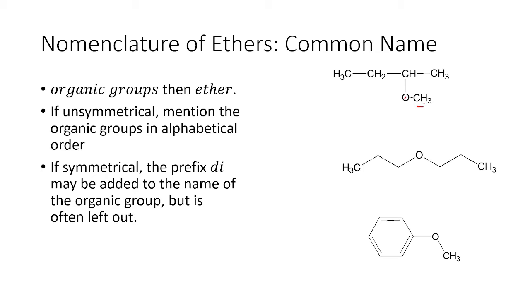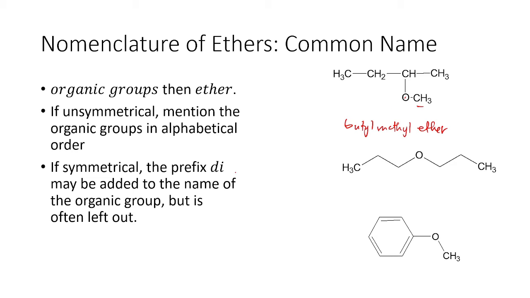So this one carbon group will be methyl, and we have four here, so that means it is butyl. So B before M, that will be butyl methyl ether. As simple as that. You just need to mention the names of the groups that are attached to our oxygen.